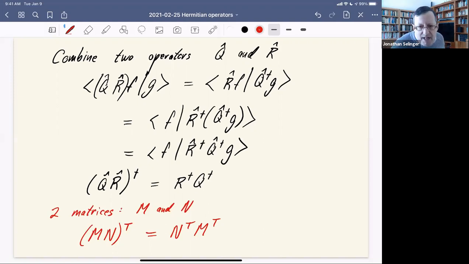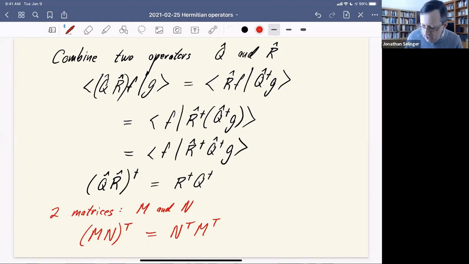So you transpose both of them, but you also need to change the sequence: what was last becomes first and what was first becomes last. It's like that with Hermitian conjugates also.